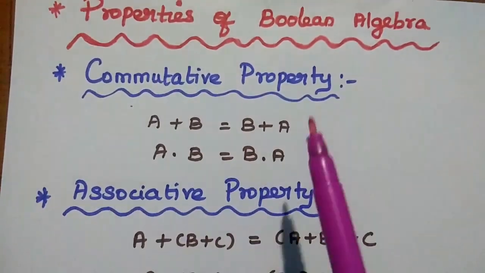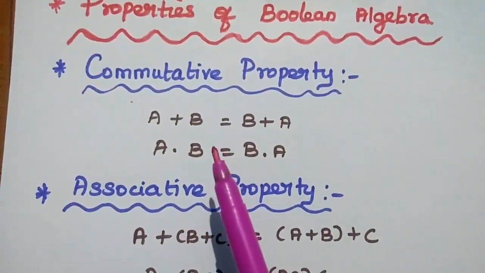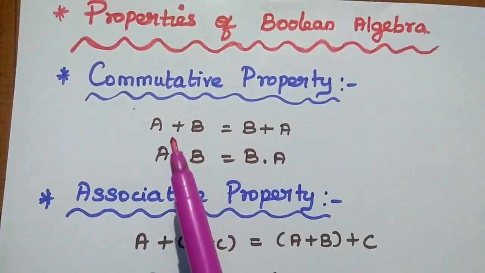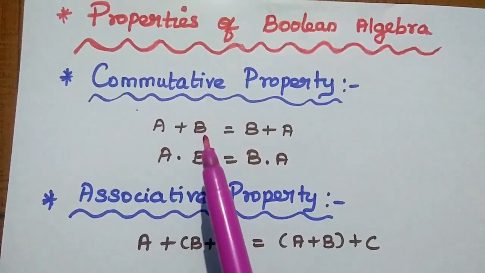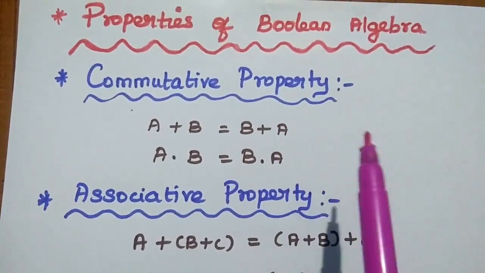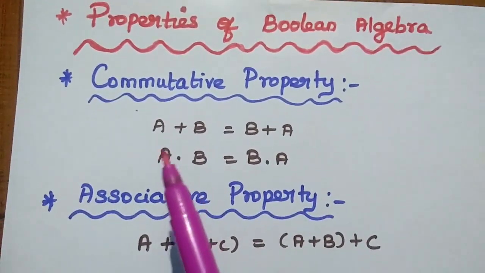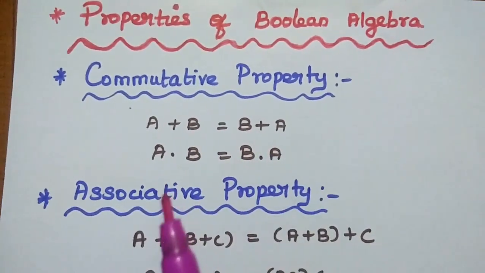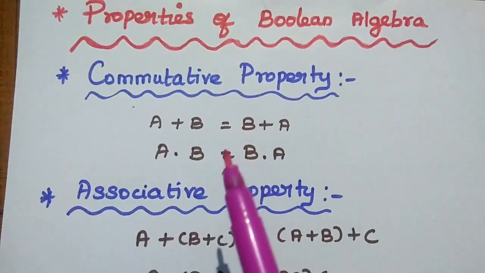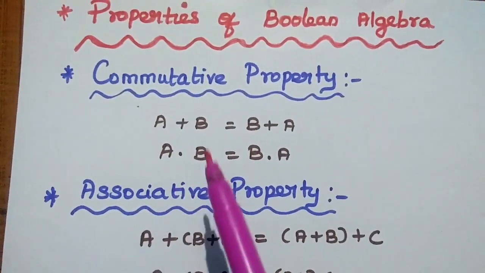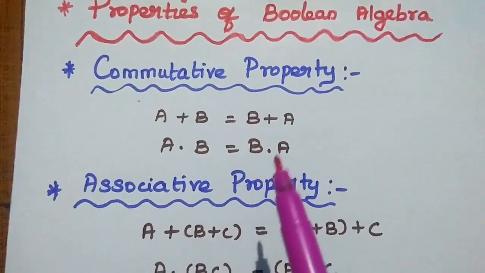In commutative property, the sequence can be changed in any order. That means changing the sequence does not affect the output of the logic circuit. A plus B is equal to B plus A. The same is applicable for product. A dot B is equal to B dot A.